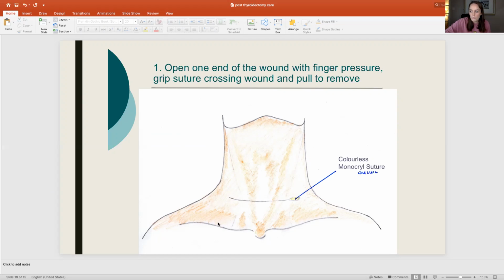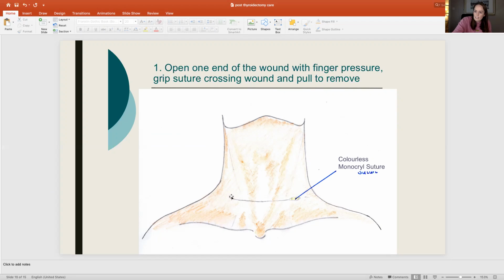So a good maneuver that's not complicated, although it is terrifying on paper, is to open the wound. We mentioned that underneath the skin you're going to have a continuous string of Monocryl suture.